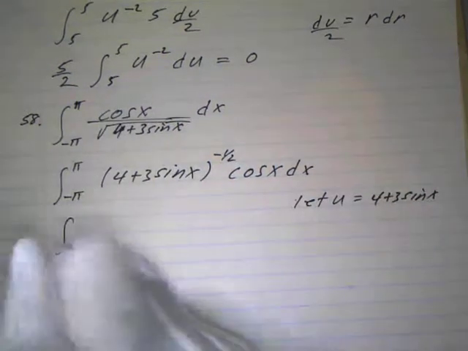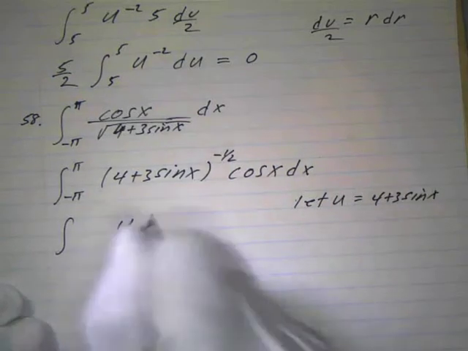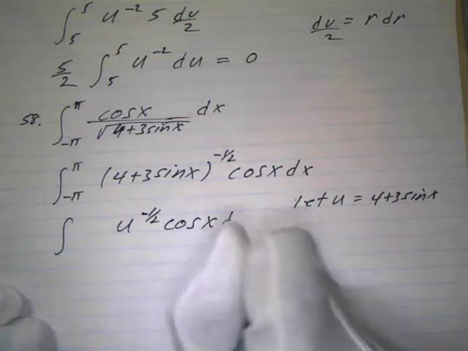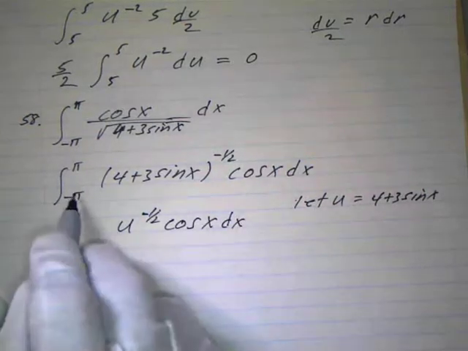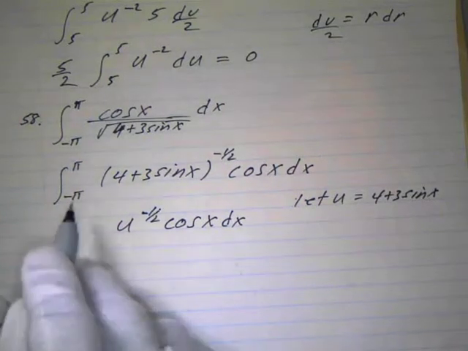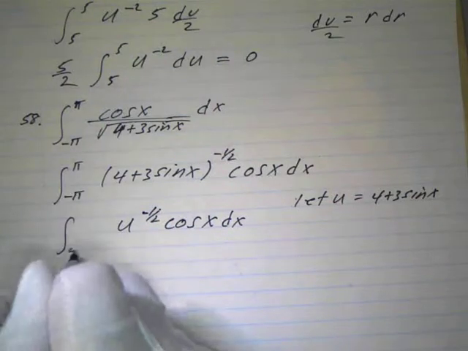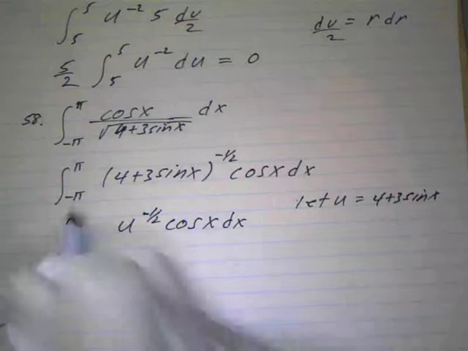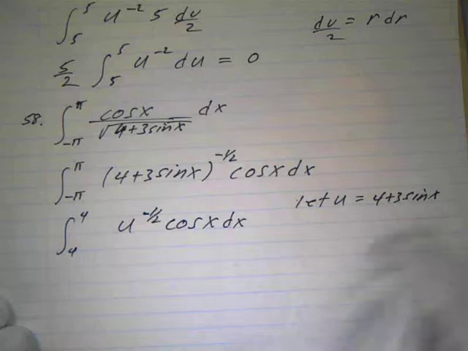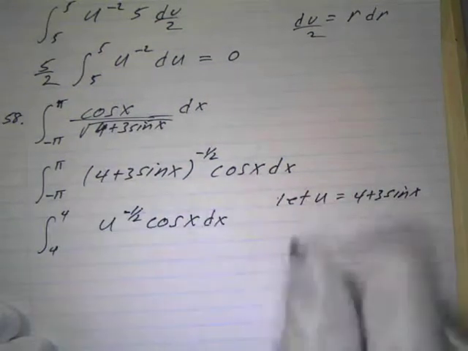Okay, so we'll write this as the integral of u to the -1/2 times the cosine of x dx, but again, we've got to change our limits, put them in terms of u. So 4 plus, well, the sine of negative pi is 0, so that's just going to be 4 plus 0, which is 4. And again, the sine of pi is 0, so it's going to be another 4. So we're kind of like in number 56. But it's kind of nice to finish it up here, so you know how to do it, because this is a nice problem.